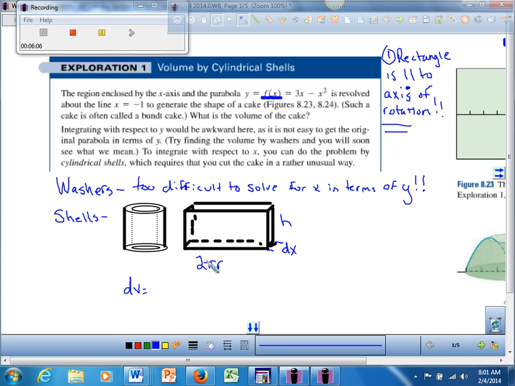Length times width times height, or 2 pi r h dx. Okay? This is how I start volume by shells every single time. I write this. Or dy. Okay? dx or dy.